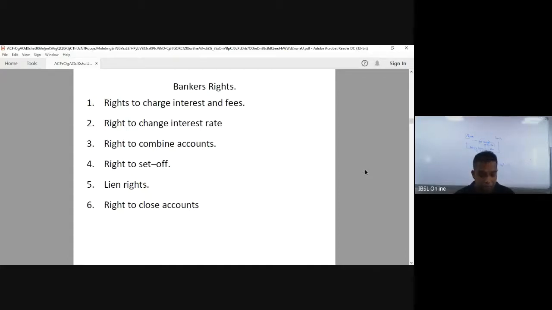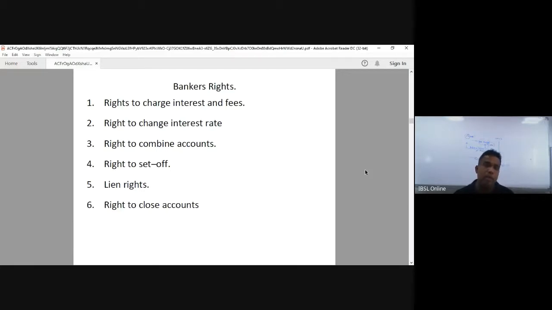When I say at any time, when the bank is closing the account of the customer, the bank has to give a reasonable notice to the customer. Without giving notice, the bank has no right to close the account of the customer.